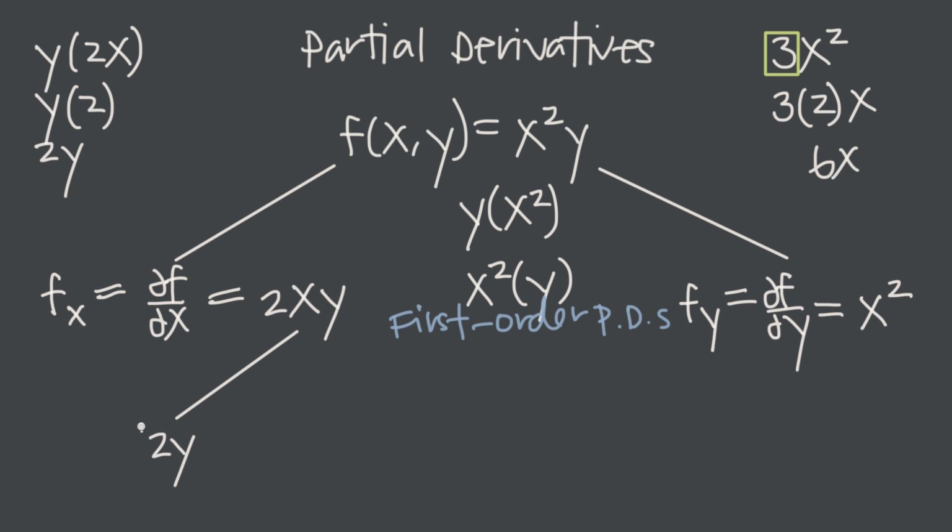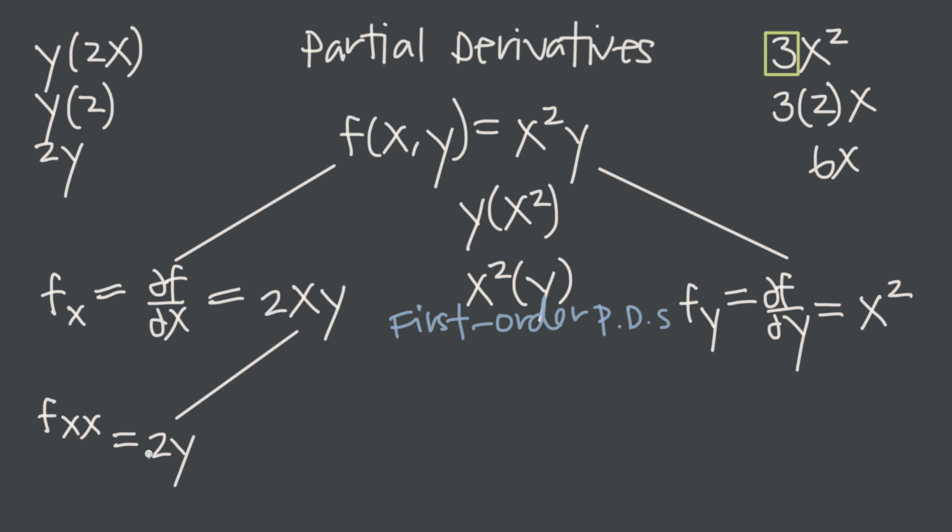The second order partial derivative with respect to x, unsurprisingly, instead of just f sub x, would be f sub xx, which makes sense because we're taking the partial derivative with respect to x two times. We took it with respect to x here, and then again with respect to x of our result. So we write f sub xx.